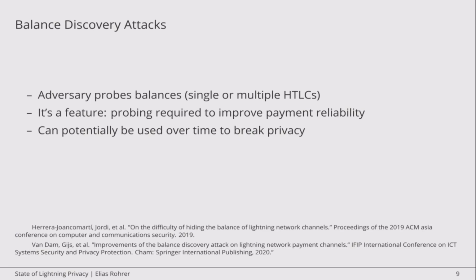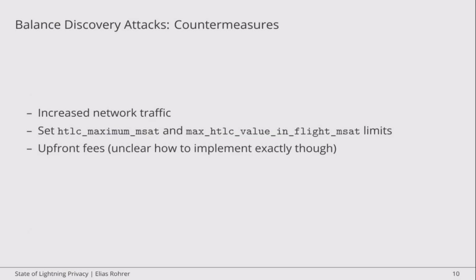Of course, there are certain mitigations and countermeasures. In general, hopefully as network traffic grows, it becomes infeasible to get this kind of resolution in your measurements to actually break privacy. That would be a guess from my side.